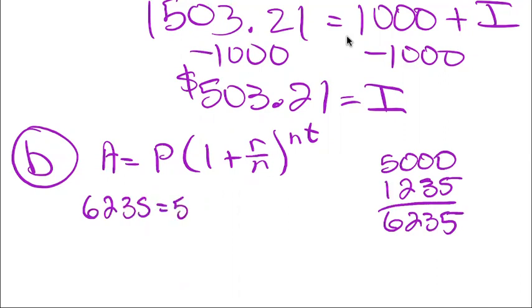My principal, 5,000. 1 plus my interest rate, oh, I don't know, that's what I'm looking for, R over compounded monthly, 12, times how many years? 5 years.